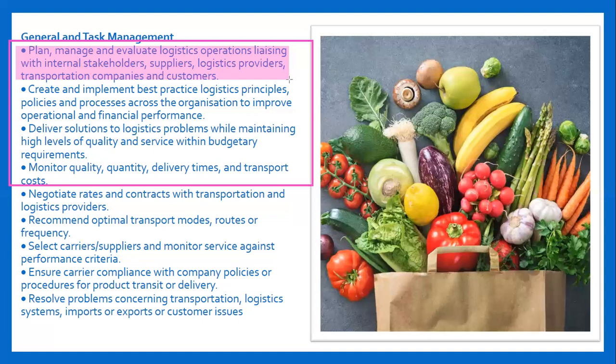In such a case, you also need to be in contact with the customer. So these are the general tasks which are internally integrated with the internal stakeholder, supplier, logistic provider, transportation company and customer. Just as we receive an order, we first need to understand what our first step is.